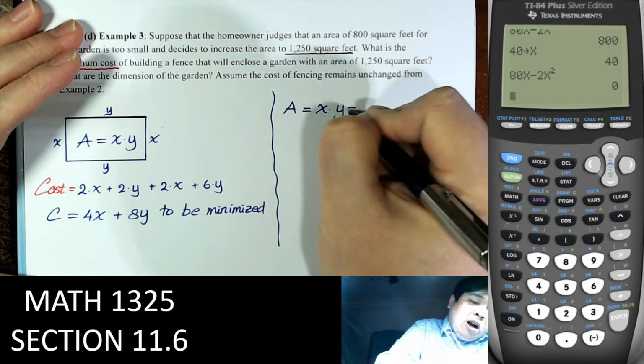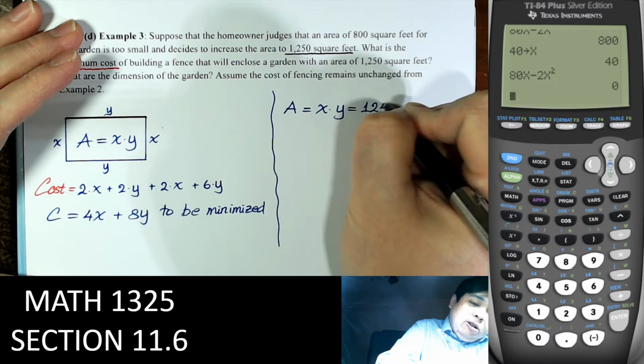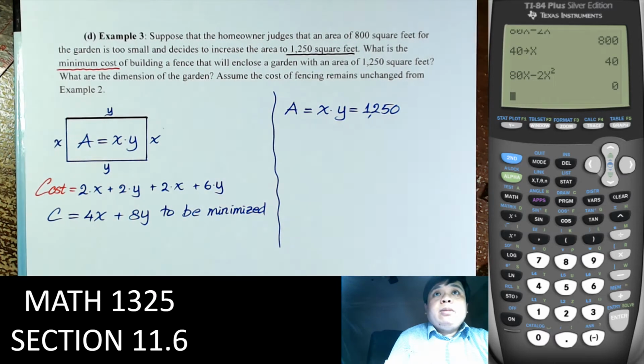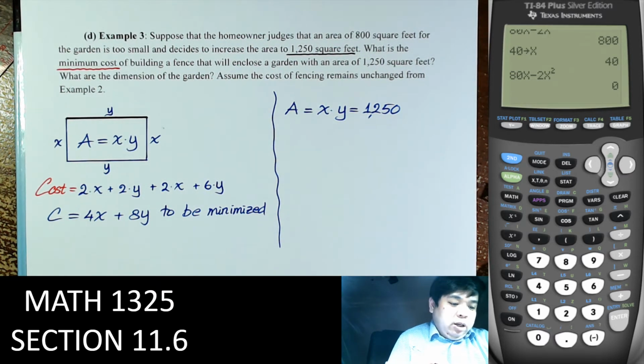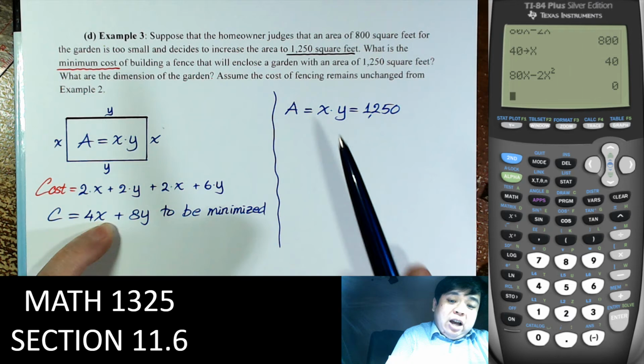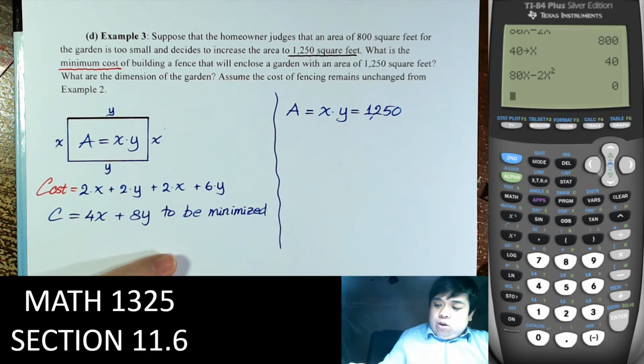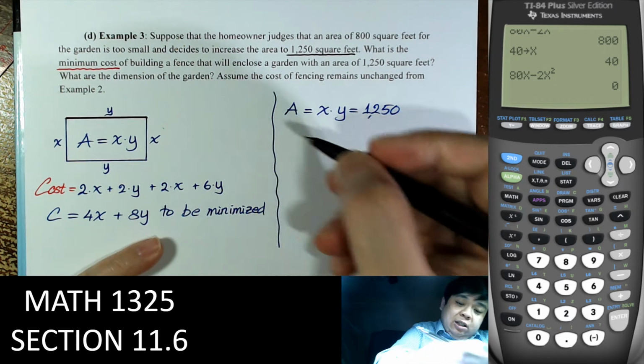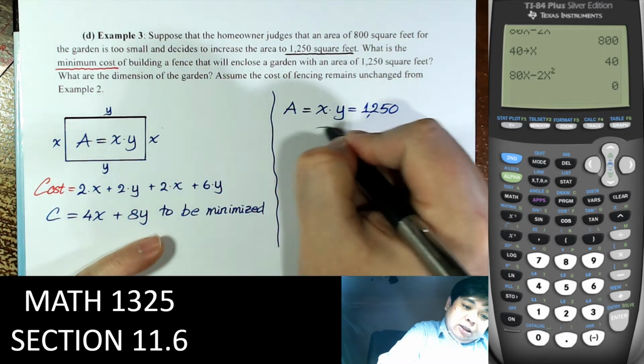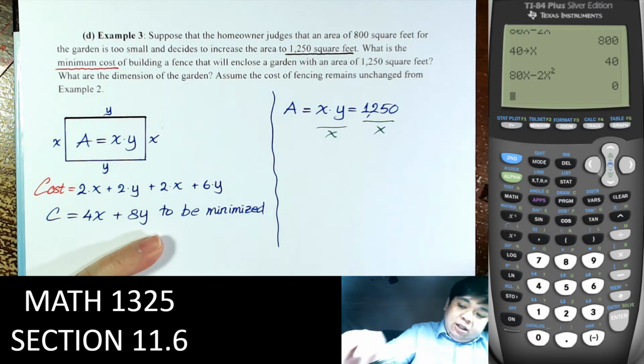This time it is a constant of 1250. So function of two variables. It would be nice if we only have one. So in that case, we have to solve for either x or y. Let's solve for y. So we will have the function of x.